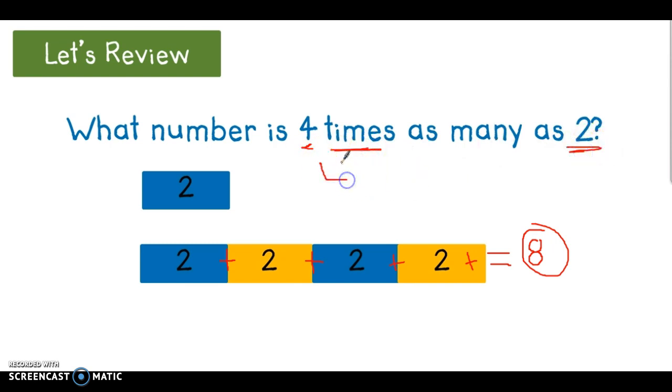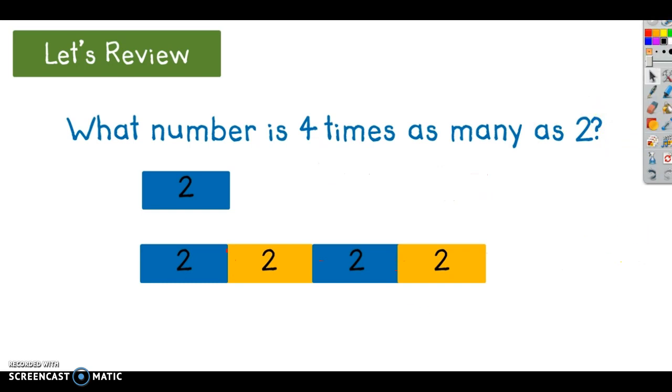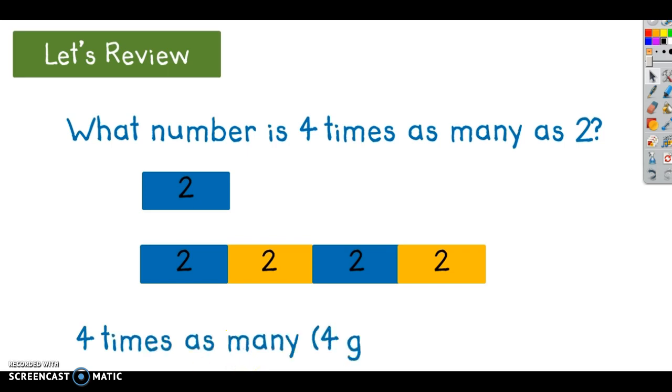So you really just have the number sentence 4 times 2 equals 8. So 4 times as many, that's 4 groups of 2, and that equals 8.